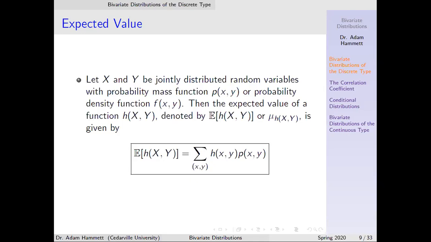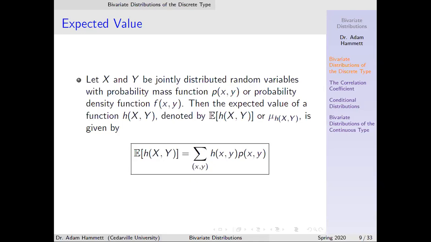Okay, but we have the probability mass function P of xy, probability density function f of xy, or that should actually be P of xy. Sorry guys, I'm making a couple of typos here. The expected value of a function of the random variables, capital X, capital Y, denoted by the expected value of h of x comma y. By the way, that could be like the product of x and y.